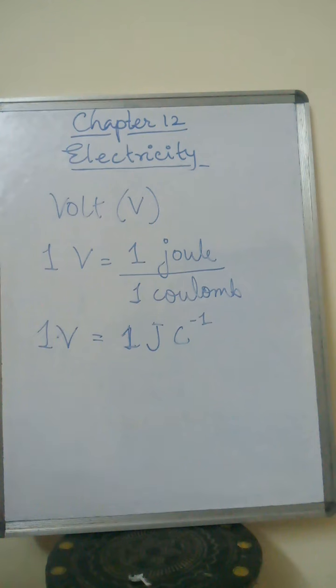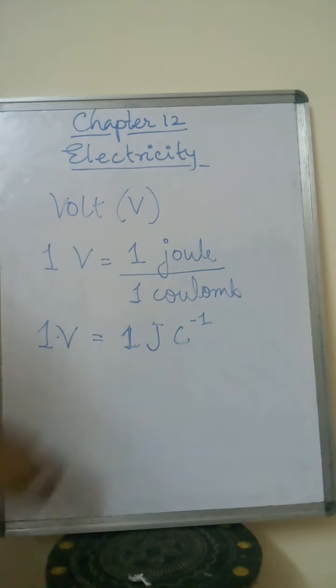The potential difference between 2 points is said to be 1 volt if 1 joule of work is done in moving a charge of 1 coulomb from one of those points to the other.